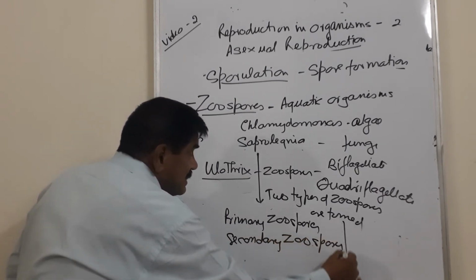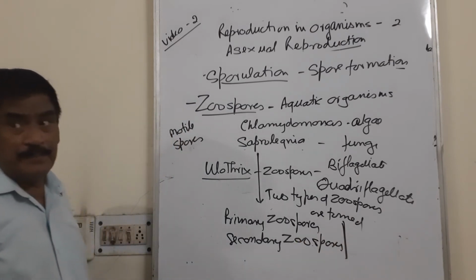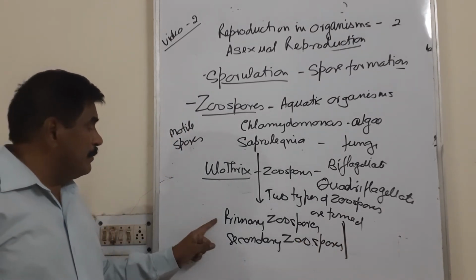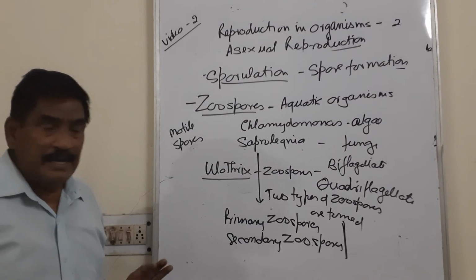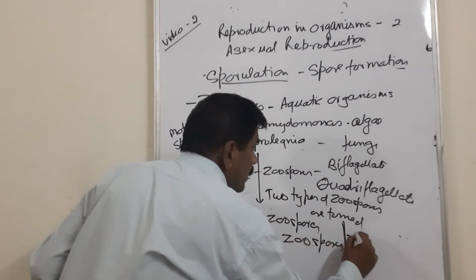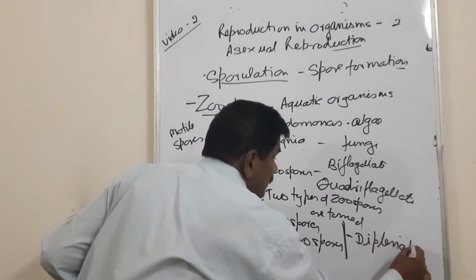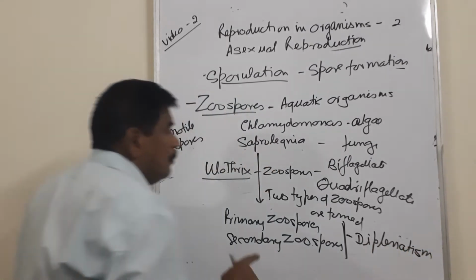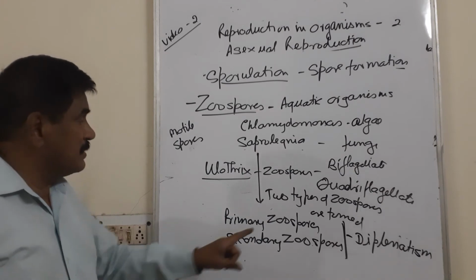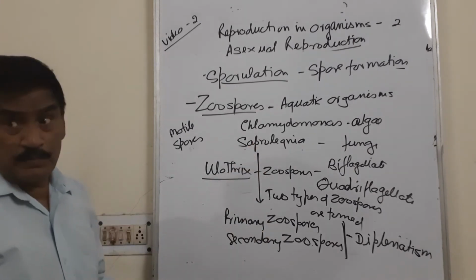Such condition in Saprolegnia, where two types of primary and secondary zoospores are formed, is called diplanetism. Diplanetism. This is a very important term that goes to the zoospores.